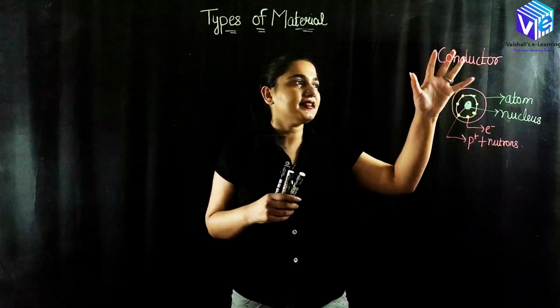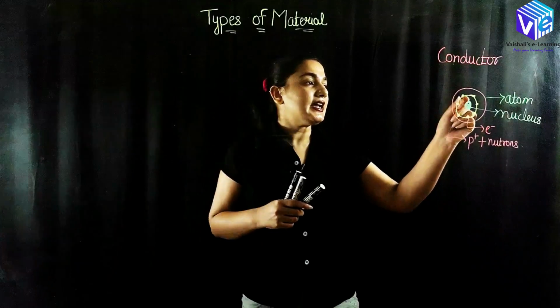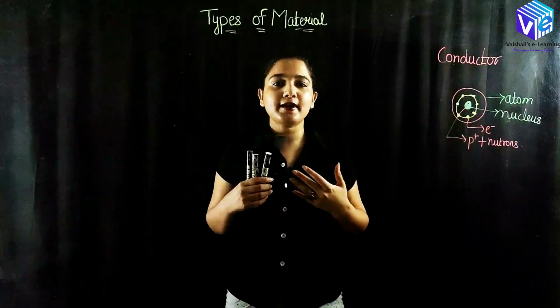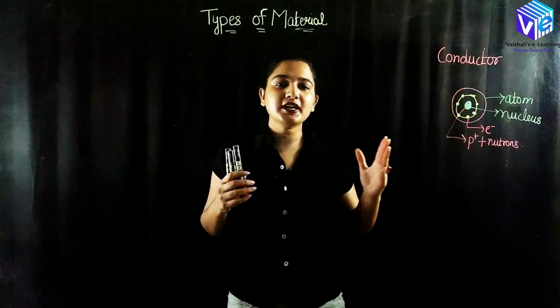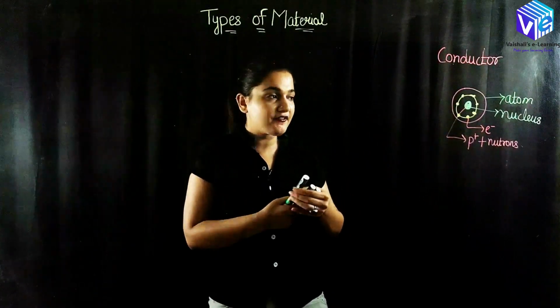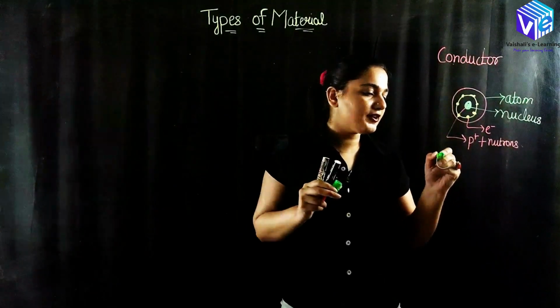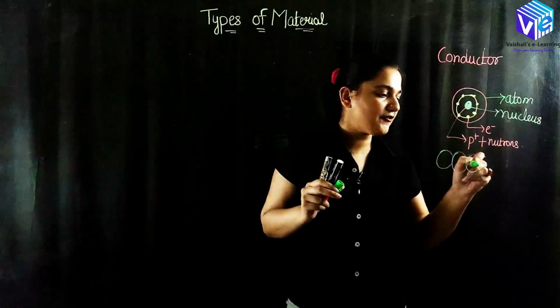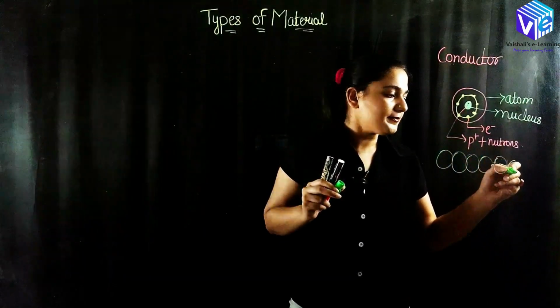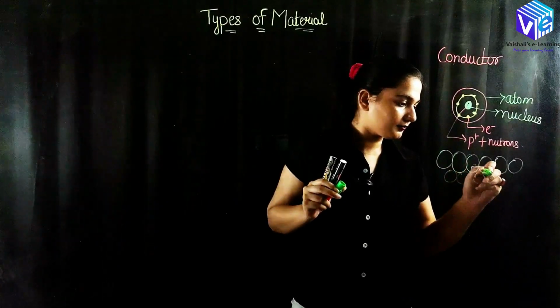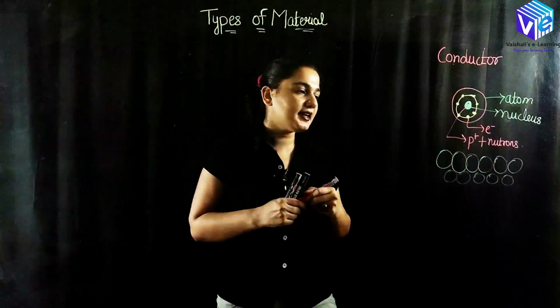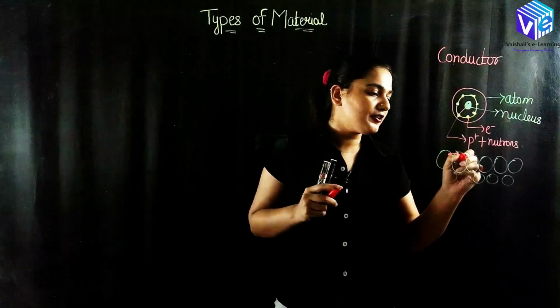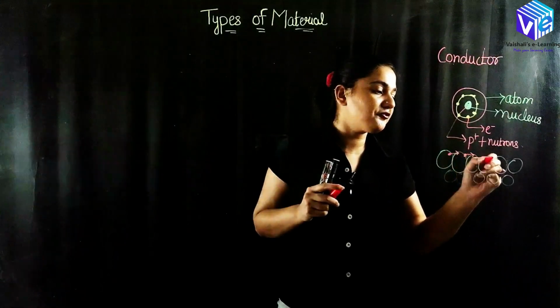All of us know about an atom. So in the case of conductors, these electrons are very loosely held with the nucleus. They are free to move inside. So whenever we have more than one atom, here we have a lot of atoms, and the electrons are moving from one point to another freely.